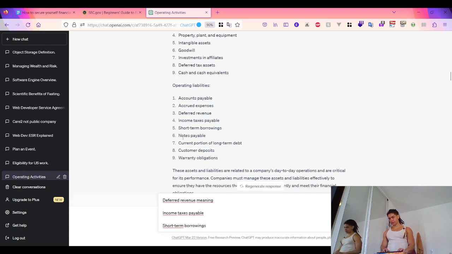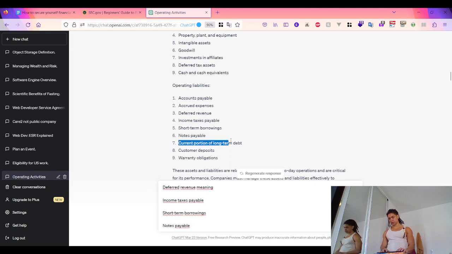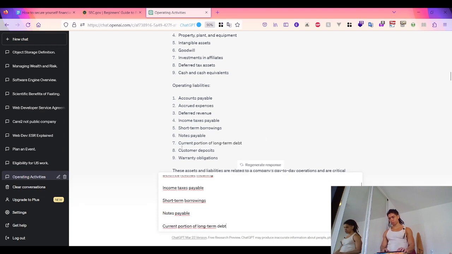Then notes payable, current portion of long-term debt, customer deposit, and warranty obligation.